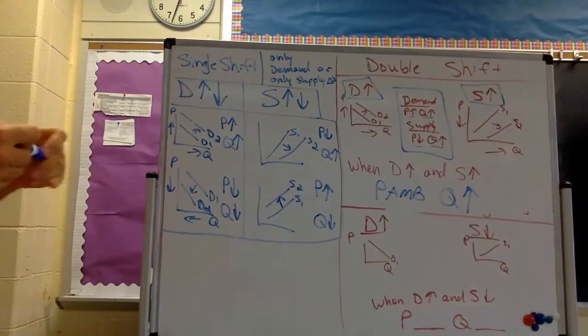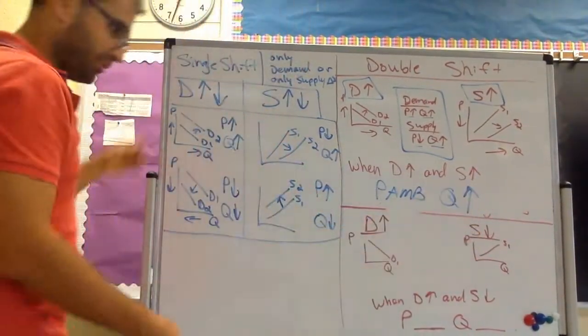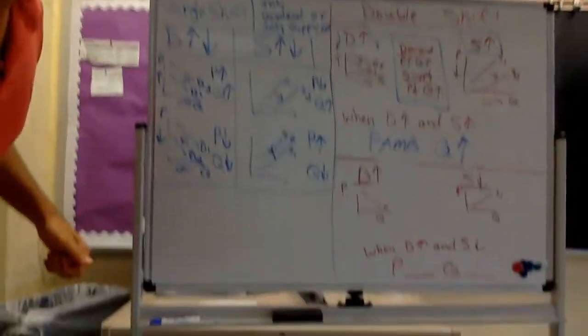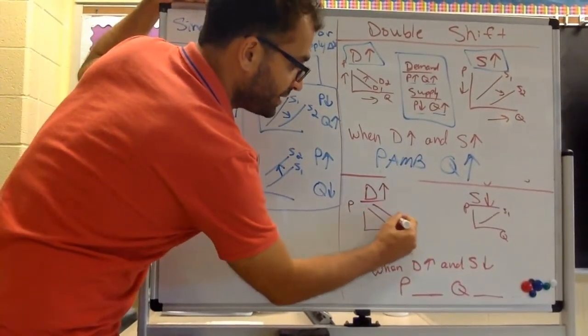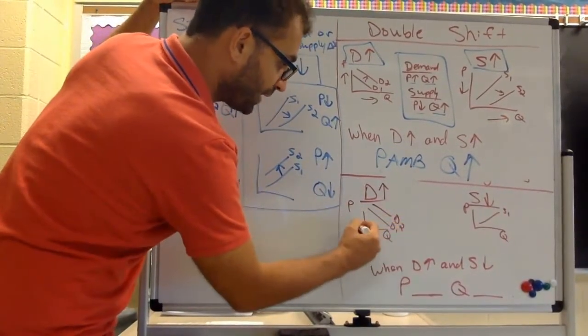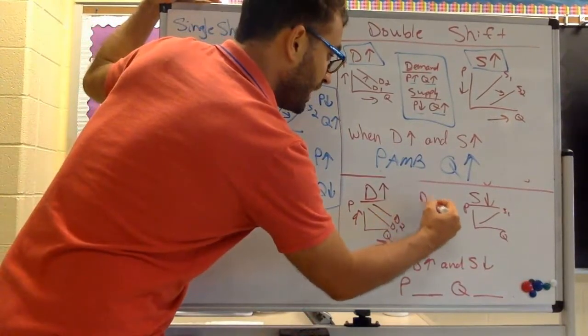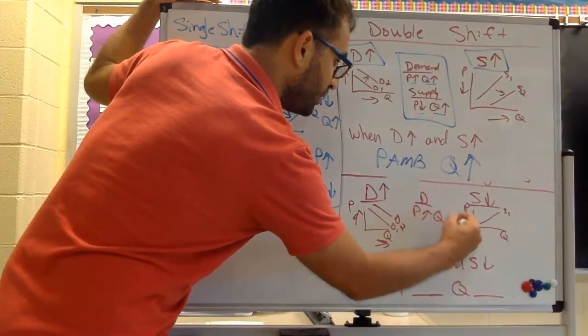Try the next one on your own. What happens when demand increases and supply decreases? I'll give you a second, or pause it. Well, let's draw it out. When demand increases, I'll put my little D2. Price is going to go up, quantity is going to go up. So for the demand side, P goes up and Q goes up.